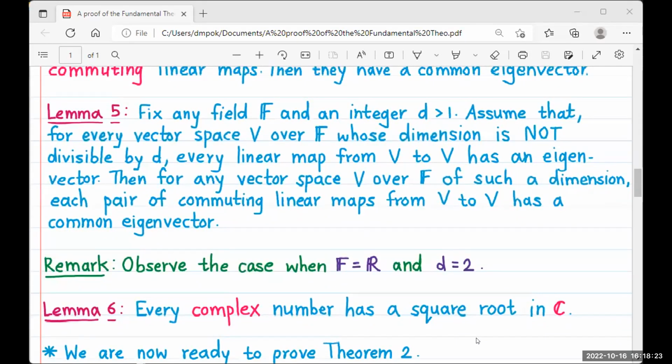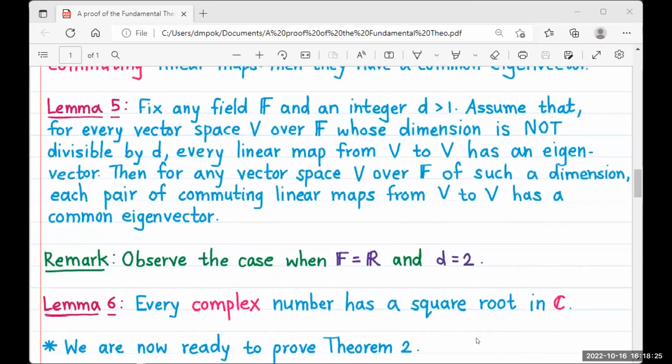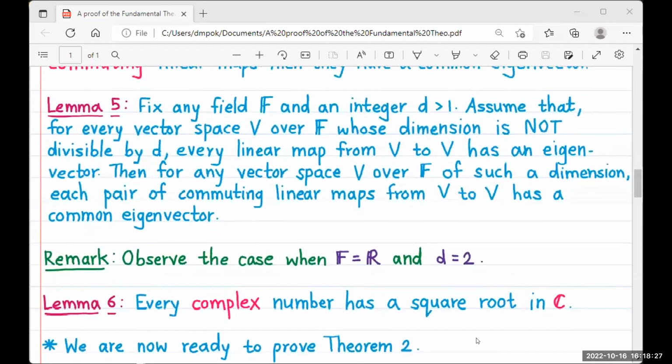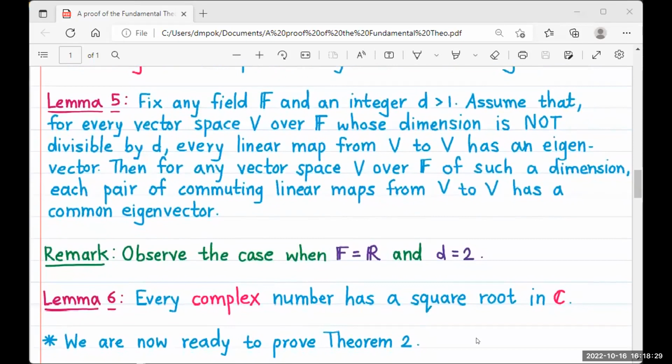Let's start. We will do it by some type of induction. Let me first tell you the theme behind proving this theorem 2. We have a given non-trivial complex vector space and any linear map on that vector space. We have to prove that the linear map has an eigenvalue, or equivalently an eigenvector.